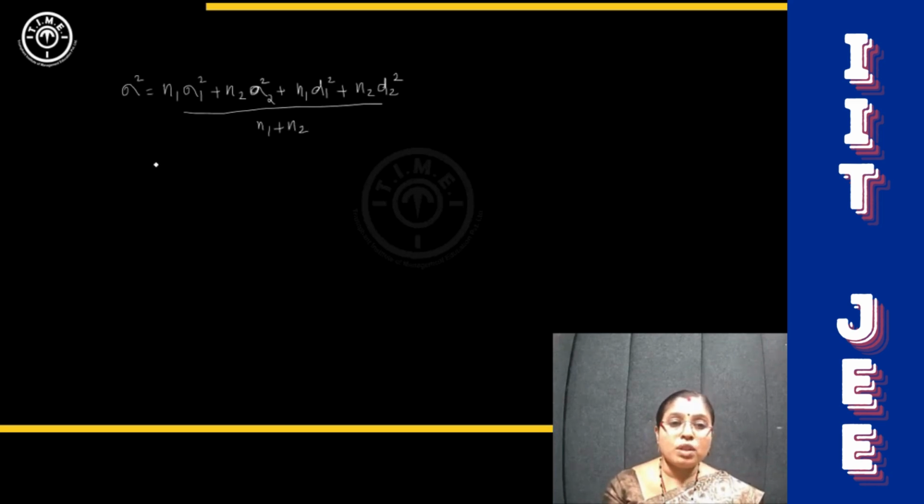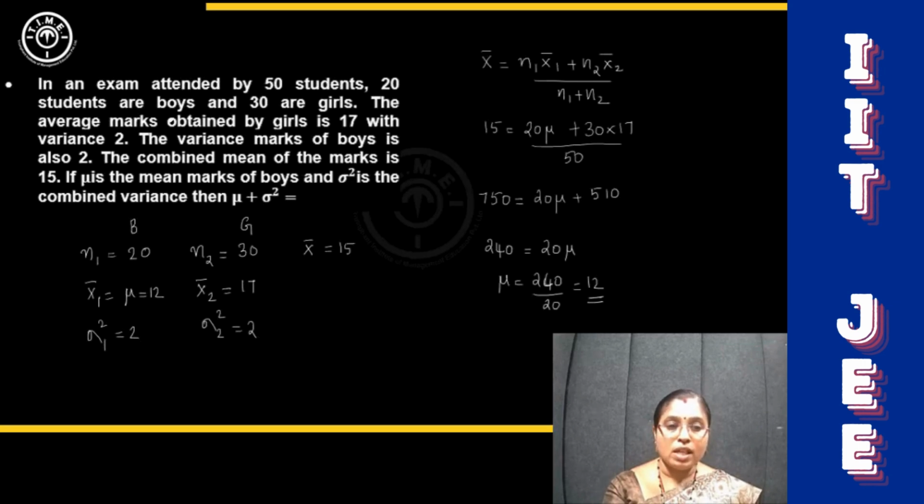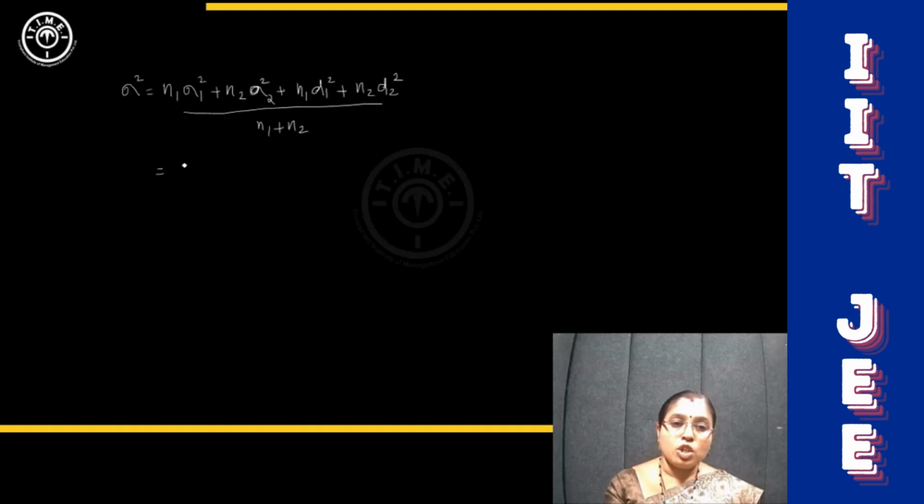Now let's substitute the values of n1, sigma 1 square, n2, sigma 2 square, etc. Now n1 is given to be 20, sigma 1 square is 2, n2 is 30, sigma 2 square is 2, and so on. So here 20 into 2 plus 30 into 2 plus 20 into... let's find out d1 and d2.